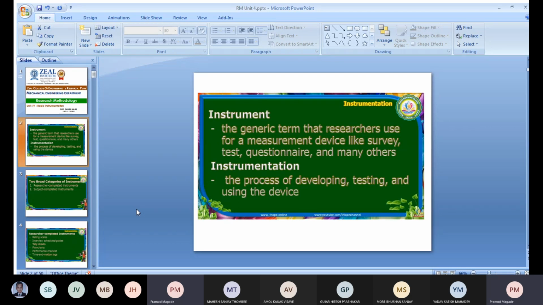Suppose while calculating power in terms of electricity, power is equal to V into I. So the questionnaire asks what the relation between voltage and current is: either voltage is increased or current is decreased so that I get more power, or both need to increase so that I get more power. So the questionnaire depends on the consideration according to the instrument.